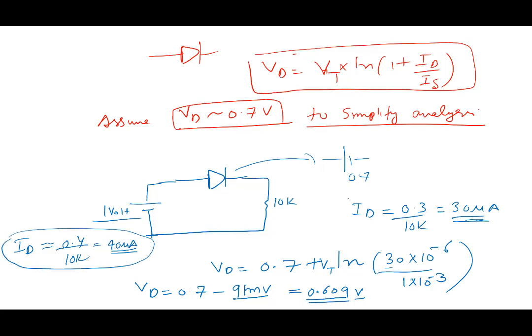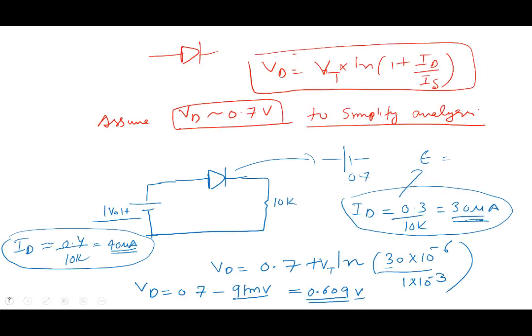But the 0.7 volt model will give you a current of 30 microamperes. How much is the error? The error is 40 minus 30, which is 10, divided by 40, into 100. So this is 25% error.